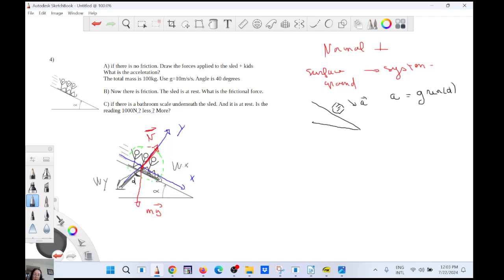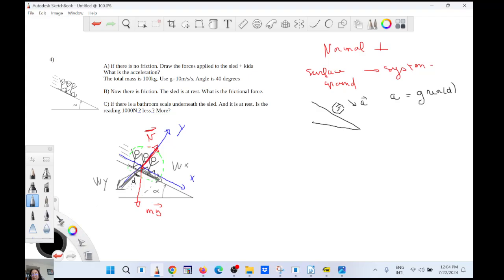So it's the x component of the weight, how much weight there is along the inclined plane. This is the one making the system move forward. This component here is pushing on the surface, balancing out the normal force.